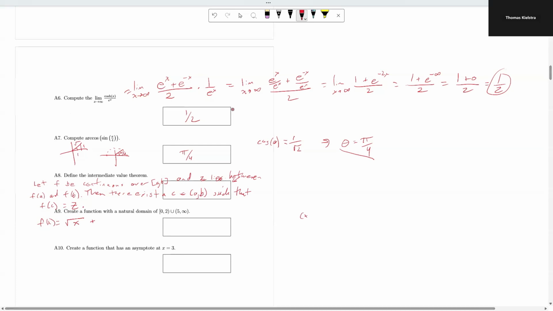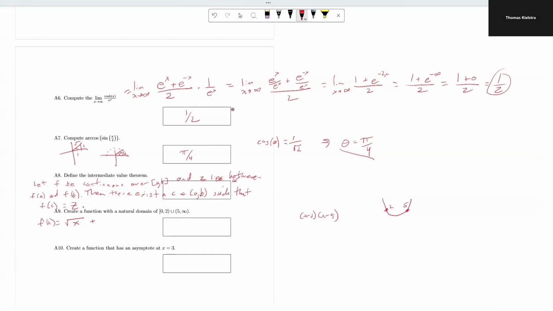So if I do (x minus 2)(x minus 5), this is going to be a parabola that has roots at 2 and 5. Because it has roots at 2 and 5, I can use this, as I want this to be positive.